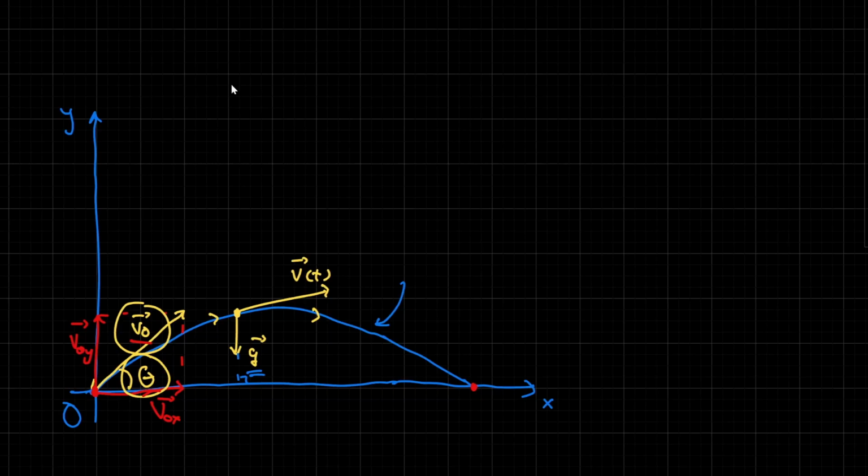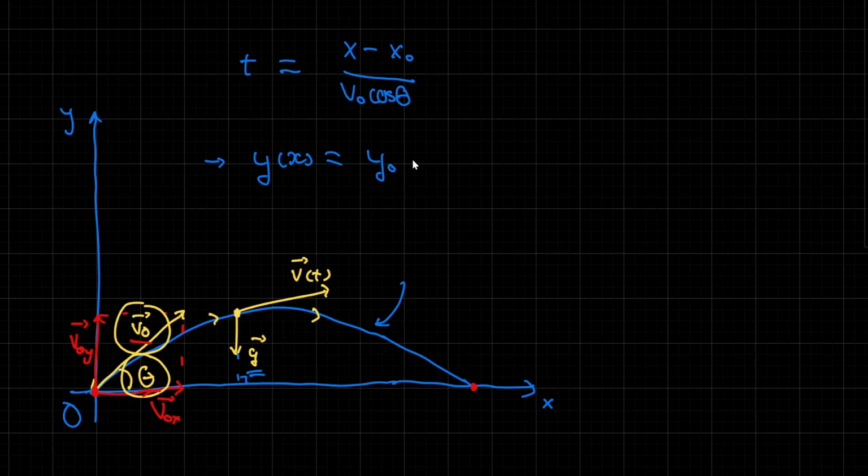And so in order to do that, first we turn t into an equation dependent on x. So t equals x minus x0 over v0 cosine theta, and we can put it in the function of y.